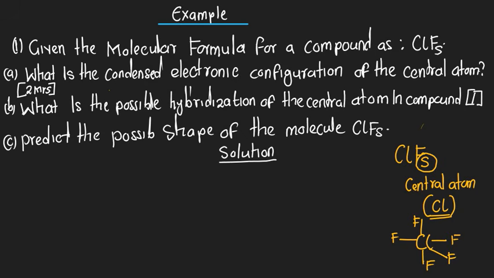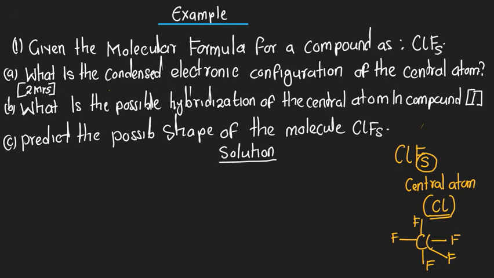Now we have established the number of bonds. The second thing to do is find the number of valence electrons of the central atom. What is the valency of chlorine? Chlorine is in group 7 of the periodic table, so it has 7 electrons in its outermost shell, and it needs 1 electron to become balanced.